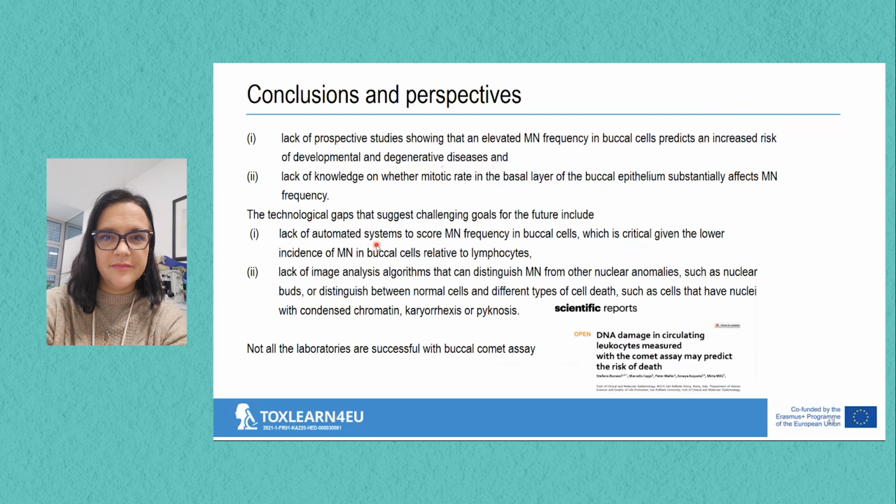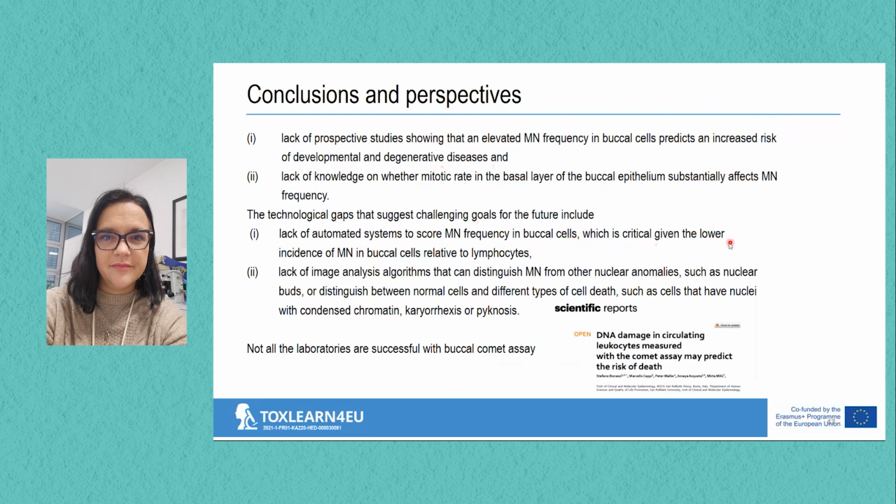There is a lack of automated systems to score the micronucleus frequency in buccal cells, although there are some software tools in use that use DAPI staining, but with DAPI staining you cannot see the cytoplasm, and you can check only the micronucleus frequency, not the other types of DNA damage.